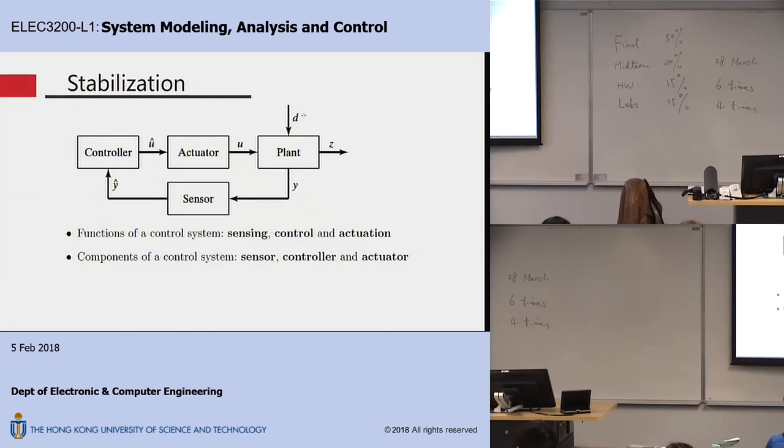Why do we have motors? Because usually the controller processes electric signals. Like a computer, you have digital signals. You go through digital to analog conversion, then you get the analog signal. But this is an electric signal.